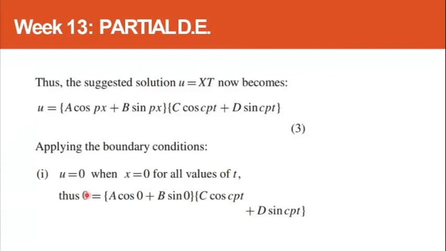We have u, which is 0, equal to a cosine 0, where p times x is 0, so it's equivalent to 0, plus b sine 0, which is the same. So we have p times our x, which is 0. And since on the side of t, there is no 0, it stays as is, which is c cosine cpt plus d sine cpt.